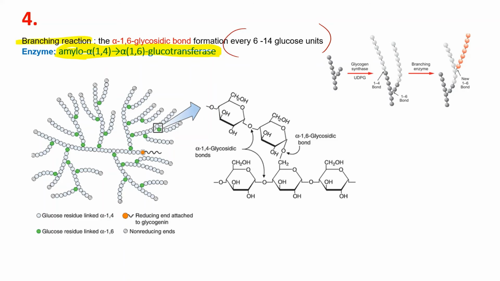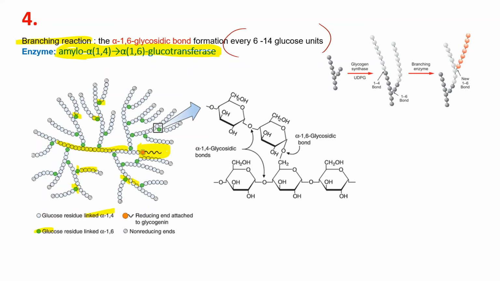Look at this structure. That round gray bits represent glucose residues linked alpha-1,4. The green one is glucose residue linked alpha-1,6. Itu ialah branching linkage tadi tu kan. So you can also see here reducing end attached to glycogenin yang warna merah tu.